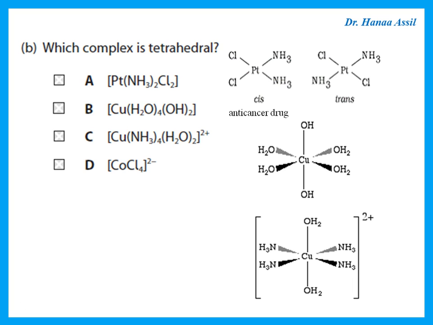That's an octahedral structure. But when cobalt is bonded to chlorine or chloride ions, these are tetrahedral, and the reason is that the chloride ions are large ions, so they take more space, so they need to be arranged in a tetrahedral structure for minimum repulsion between the bonding pairs of electrons. So this is the one that is tetrahedral.